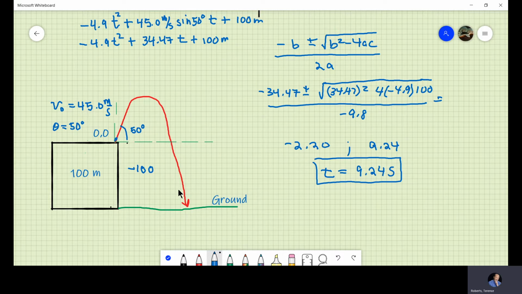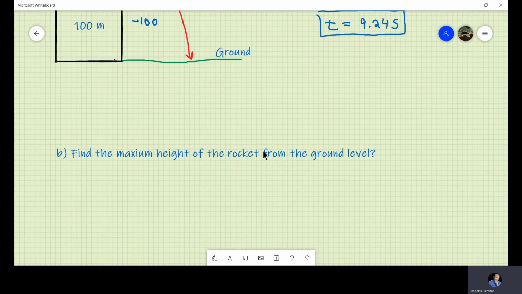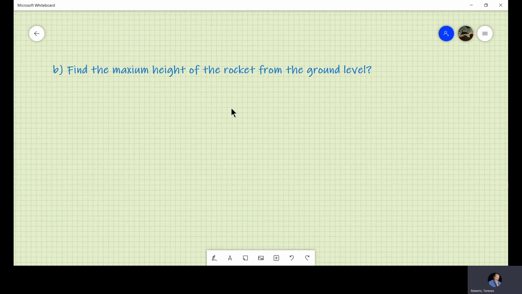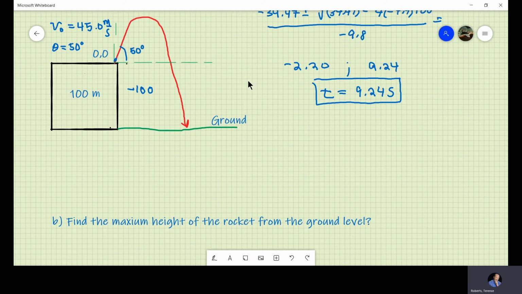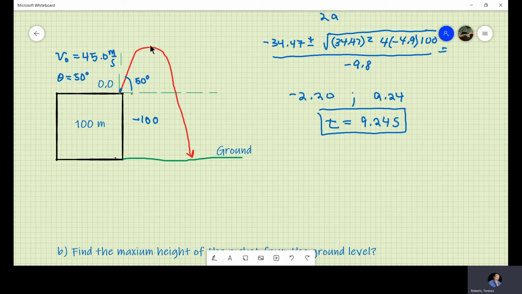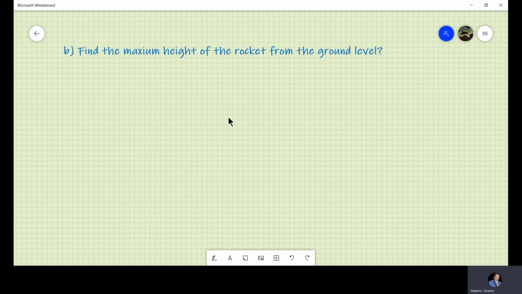So now let's look at the next one. This wants us to find the maximum height of the rocket from the ground level. So the maximum height would be from this point up here at the very top, to the ground, not the top of the building, but to the ground.